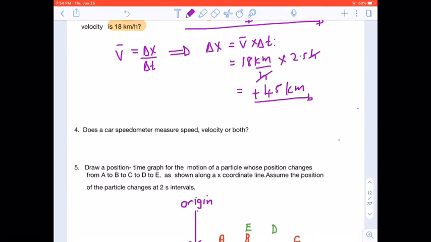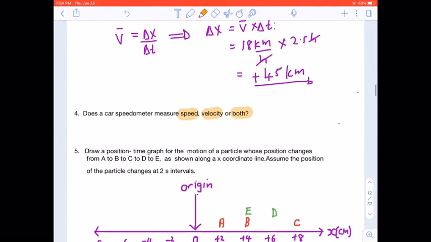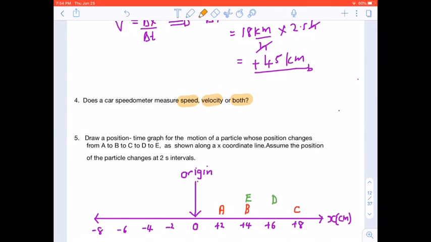Now, does the car speedometer measure speed or velocity or both? So if we look at this, the traditional cars that we have measure speed. They measure speed.